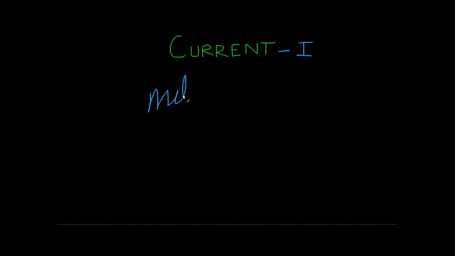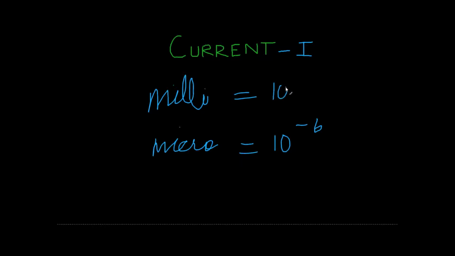Now don't get confused. In class 9, if you remember, the first chapter that you had was, I think, dimensions and units. So there, you had mega, giga, tera, peta, exa, femto, atto, and all of those. Milli was another one of them there, if you do remember, milli and micro. Micro is nothing but 10 to the power -6, and milli is nothing but 10 to the power of -3.